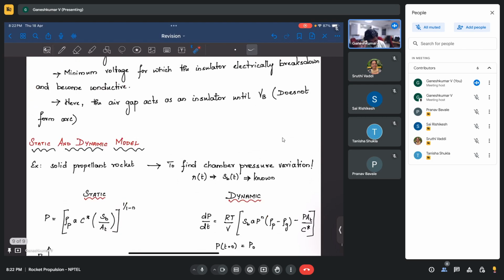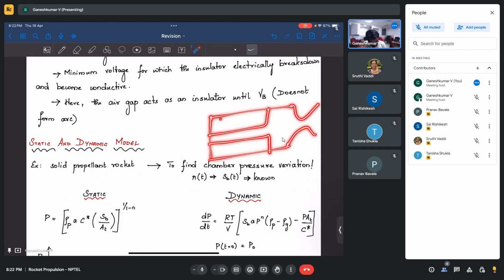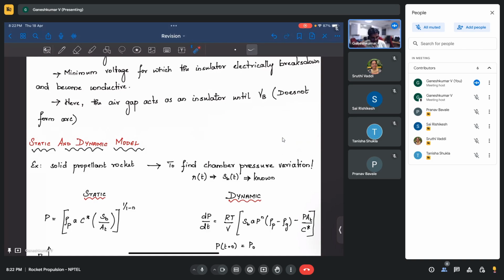If you have the combustion chamber, this solid propellant rocket, the change in mass of the propellant in the combustion chamber, dm/dt, is equal to the mass flow rate of propellant, the rate at which propellant burns, minus the rate at which the propellant leaves through the nozzle.